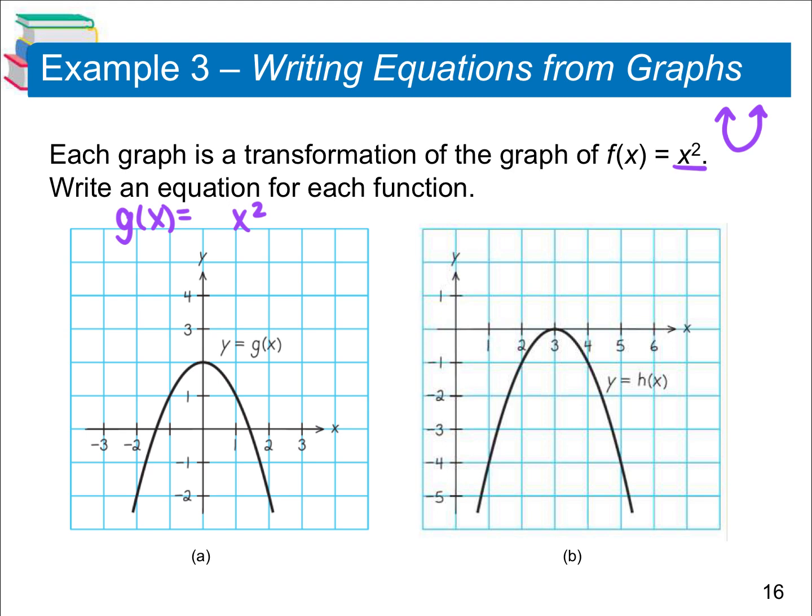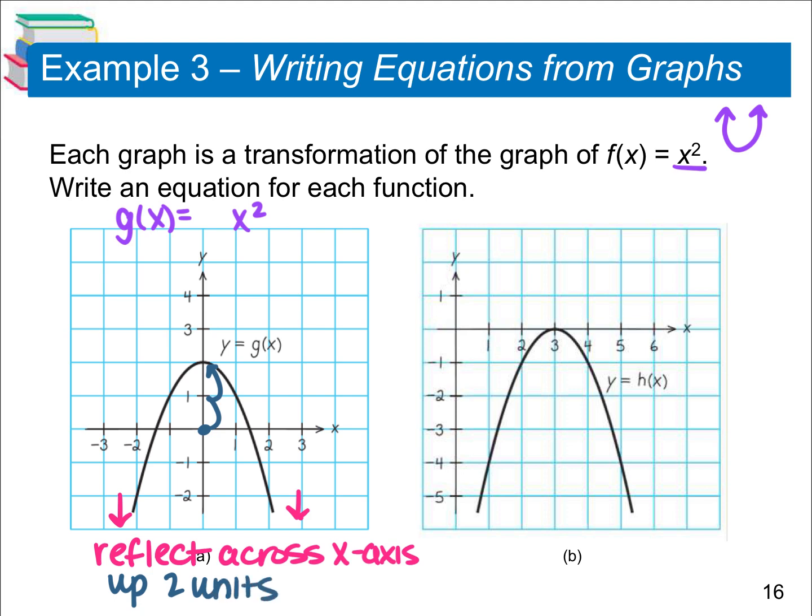With example A, that U faces down, so we are reflecting across the x-axis. Other than that reflection across the x-axis, instead of it being at your origin, it moves 2 places up, so we're also going up 2 units.